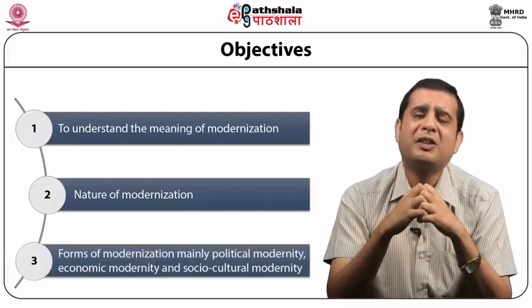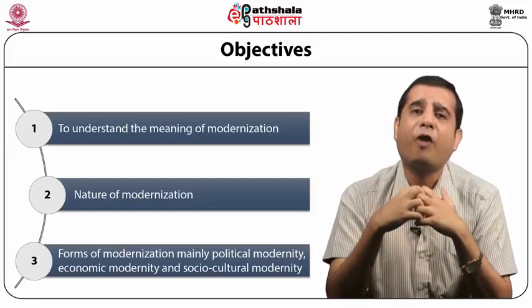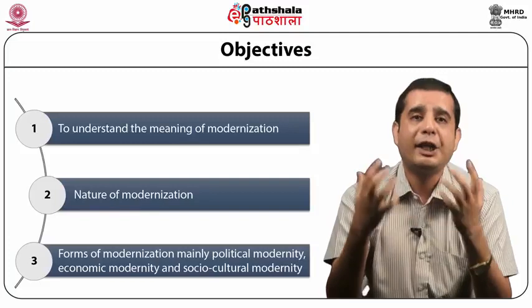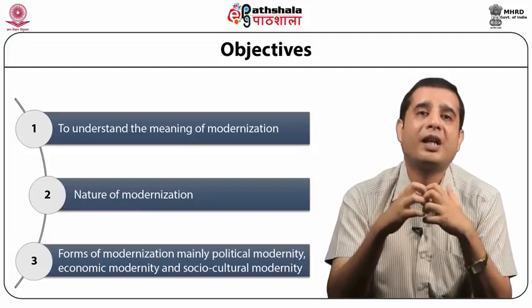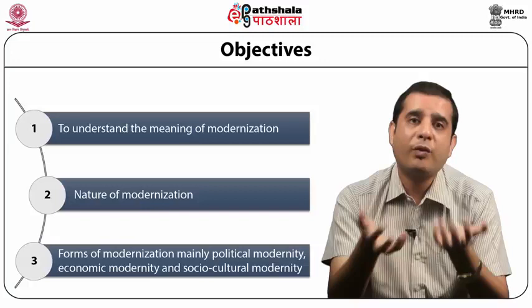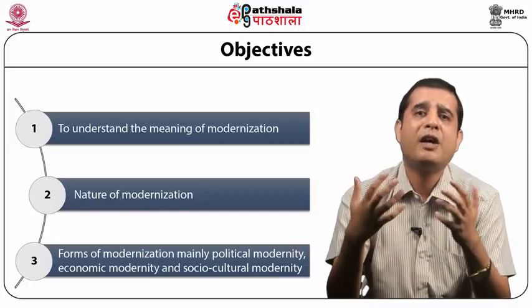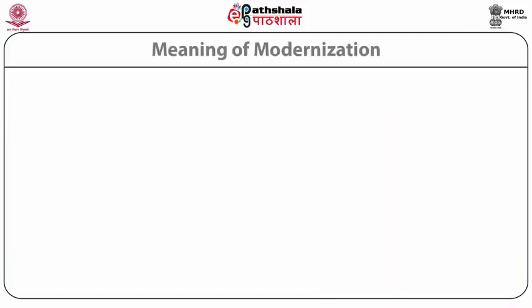There are primarily three forms of modernization: political modernity, economic modernity, and socio-cultural modernity. What we are going to do, students, is to learn each of these forms of modernity.